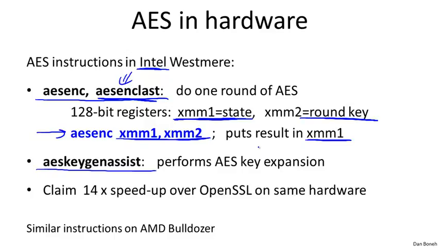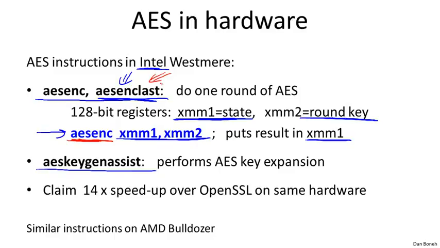As a result, if you wanted to implement the whole AES, all you would do is call AES enc 9 times, and then call AES enc last 1 time, and these 10 instructions are the entire implementation of AES. That's it. It's that easy to implement AES on this hardware.